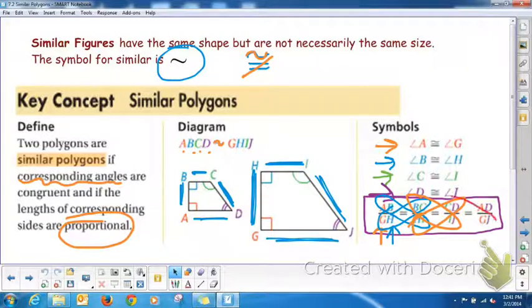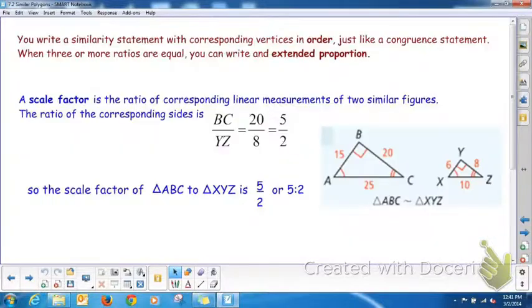If the figures are similar, they should come out equal. You write a similarity statement with corresponding vertices in order, just like a congruent statement. So remember back when we were saying like triangle ABC is congruent to triangle DEF? Well, it's the same, but you don't put congruent in there. You put the symbol for similar.